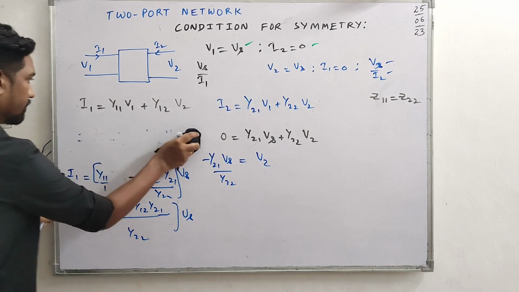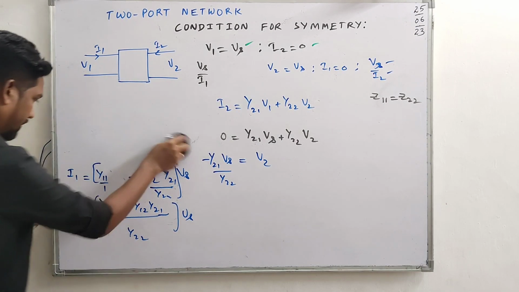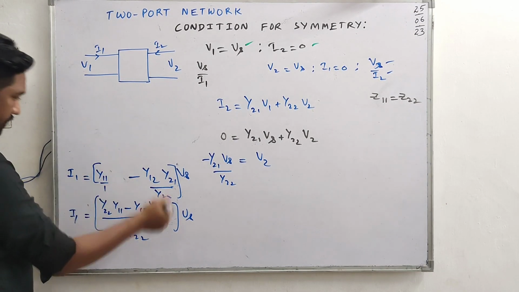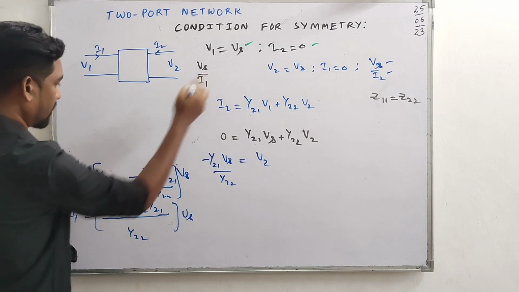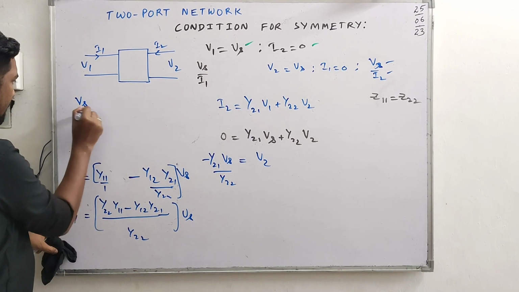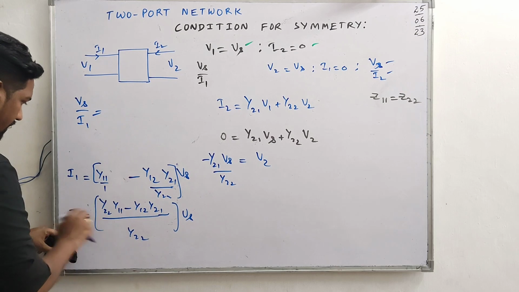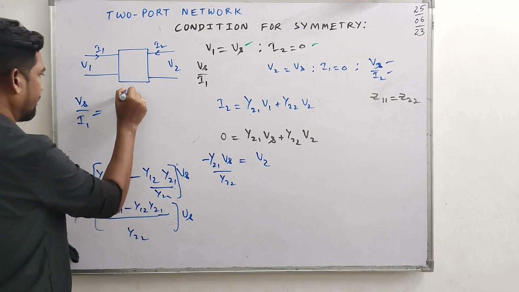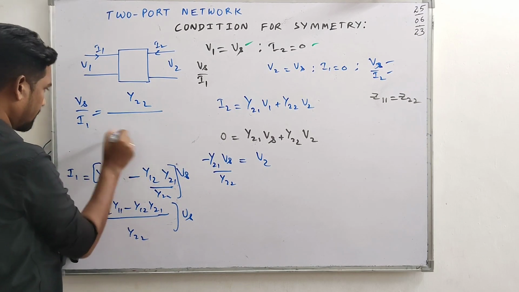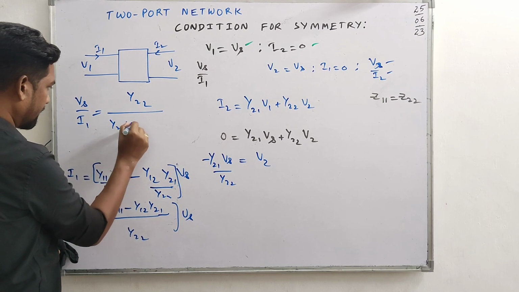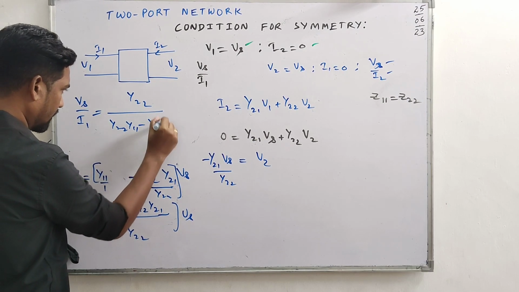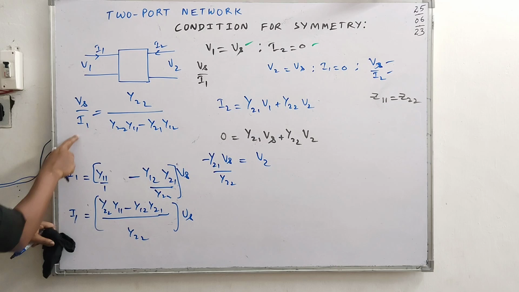So from this expression, we are searching for Vs upon I1. This flips, so what do we have? y22 upon y22 y11 minus y21 y12. This is for Vs upon I1.